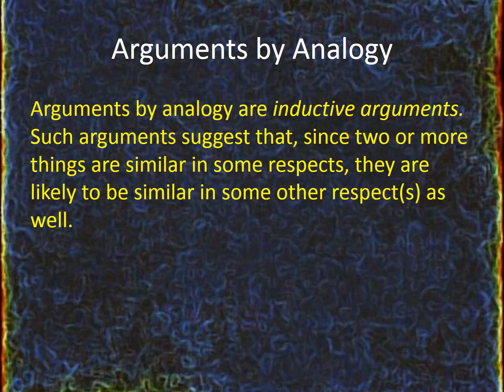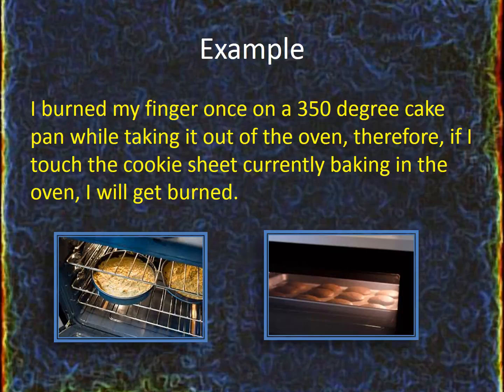Arguments by analogy are inductive arguments. They essentially say that since two or more things are similar in some respects, they're also likely to be similar in some other respects as well. Here's an example. I burned my finger once on a 350-degree cake pan while taking it out of the oven. Therefore, if I touch the cookie sheet currently baking in the oven, I will get burned as well.